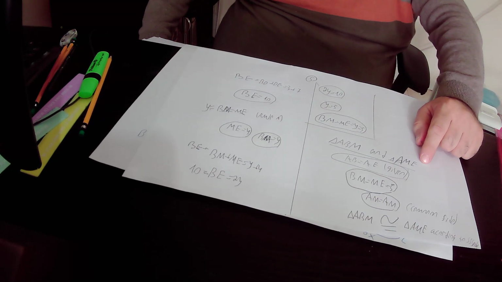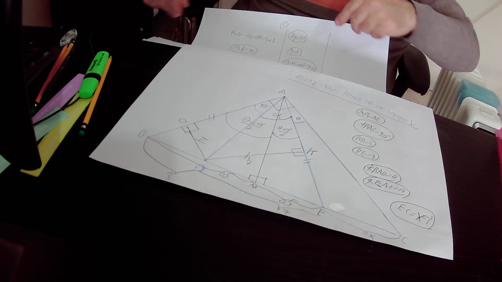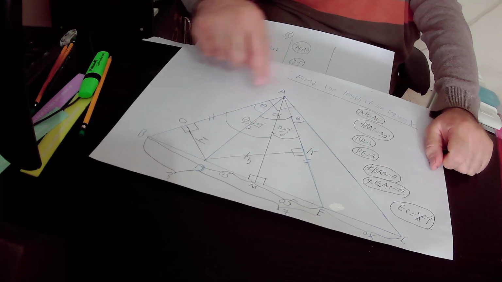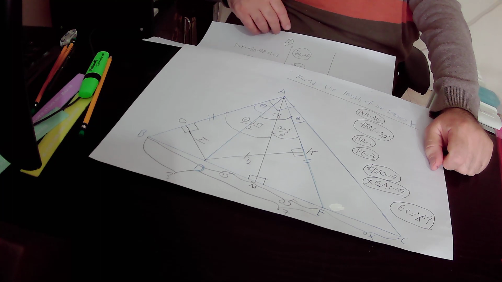Then we proved that triangle ABM can go into triangle AME. Those two triangles can go into each other. Why? First of all, we know that AB equals AE according to what is given in the question.